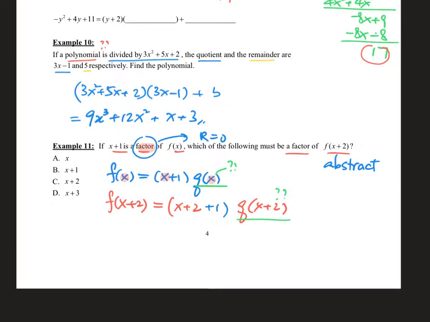But the point is, when you continue to simplify the expression, you have f(x plus 2) equal to (x plus 3) times q(x plus 2). Regardless of the value of q(x plus 2), can you see that x plus 3 is a factor because there is no remainder at the tail? And that's how we get the answer D in the question.